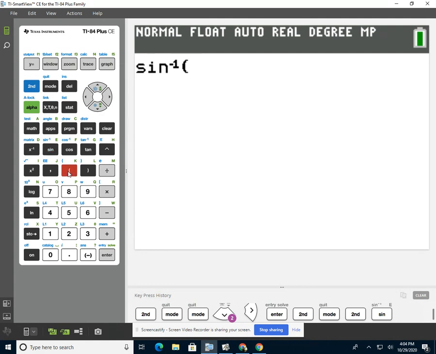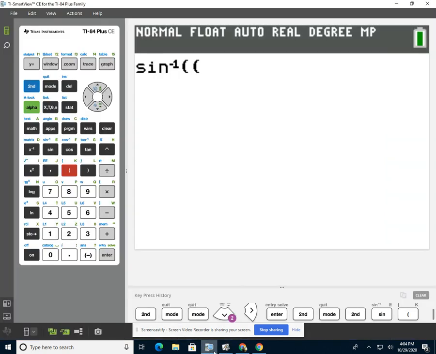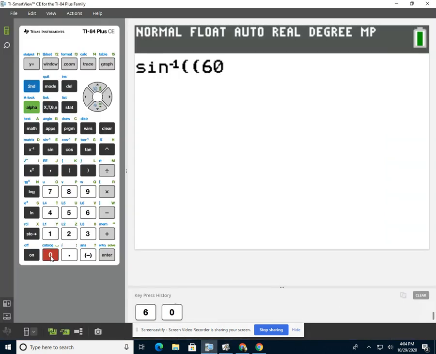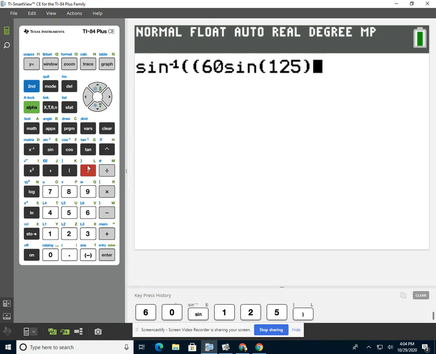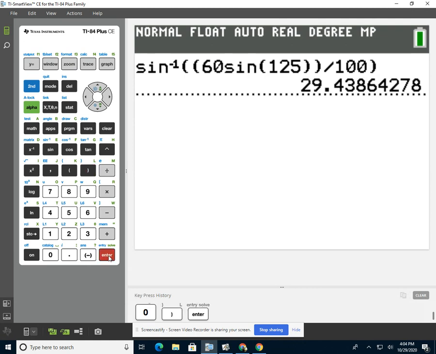I do really love to use a lot of parentheses, so I'm going to use my parenthesis first for my numerator, and my numerator was 60 sine 125, 60 times regular sine 125. I'm going to close my parentheses, and then I believe it said I was dividing by 100, right? If you all were here, I would hope you'd be saying yes to me, but it's okay. All right, hit enter. Boom.